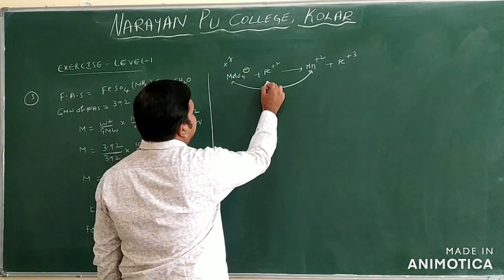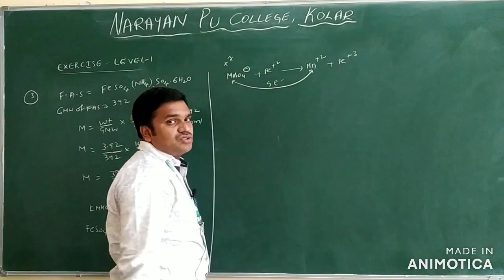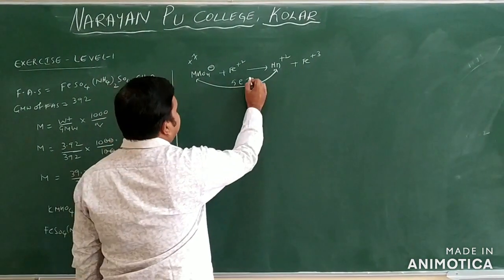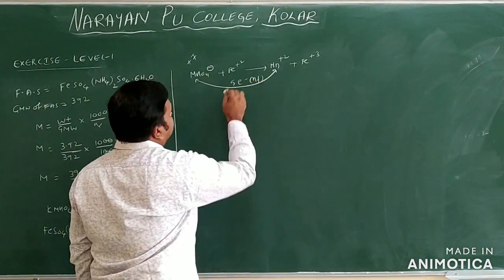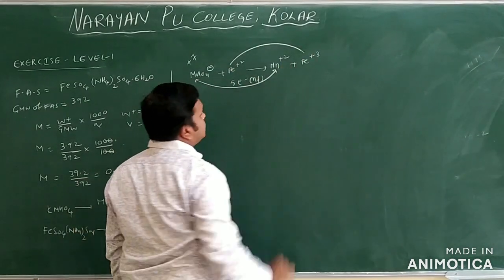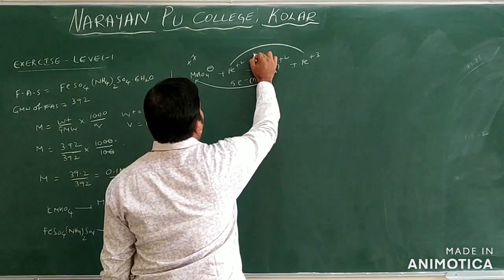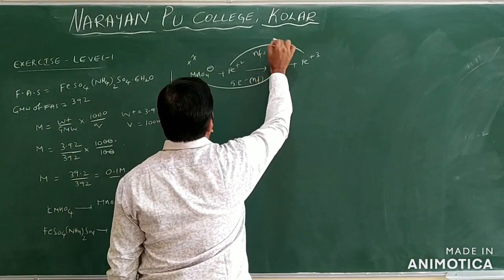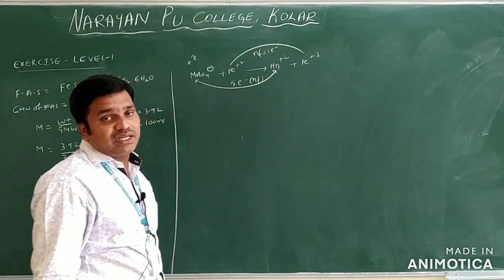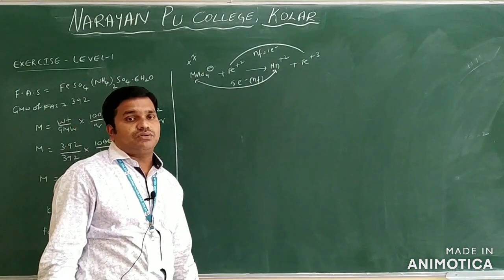The difference is 5 electrons, so this is the n factor. For Fe plus 2 to Fe plus 3, one electron changes, so the n factor is 1.